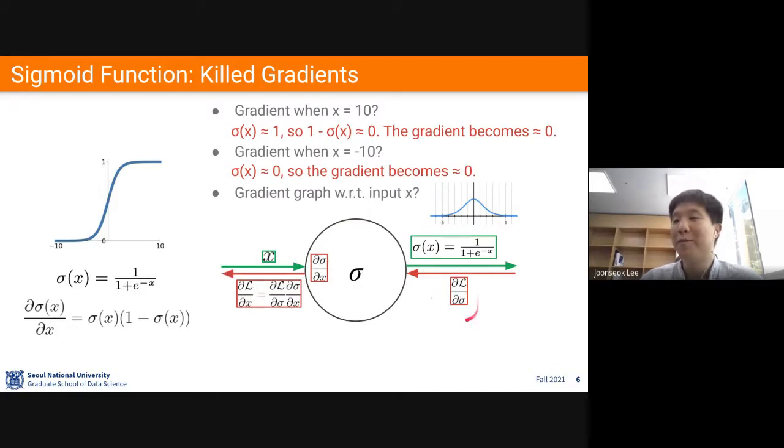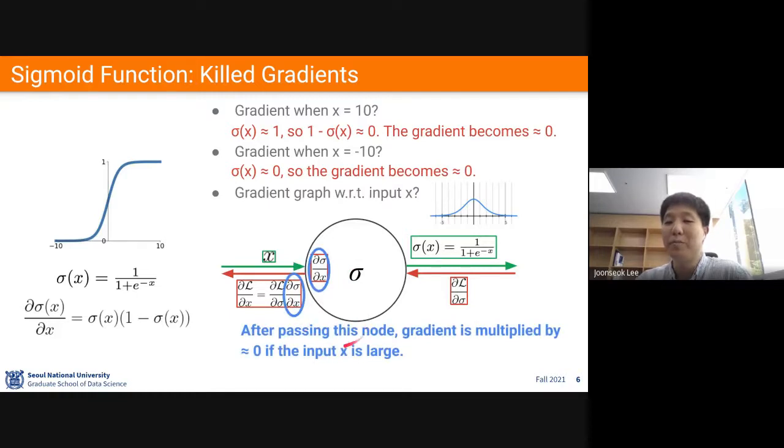So whatever we have received here as the upstream gradients, the local gradient will be 0 if the input is large. But it's not extremely large. If it's just like 3 or 5, then the gradient is almost 0.